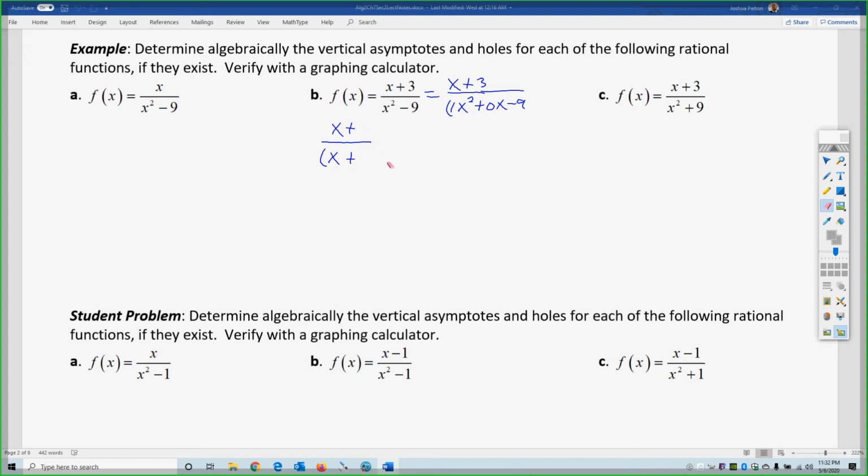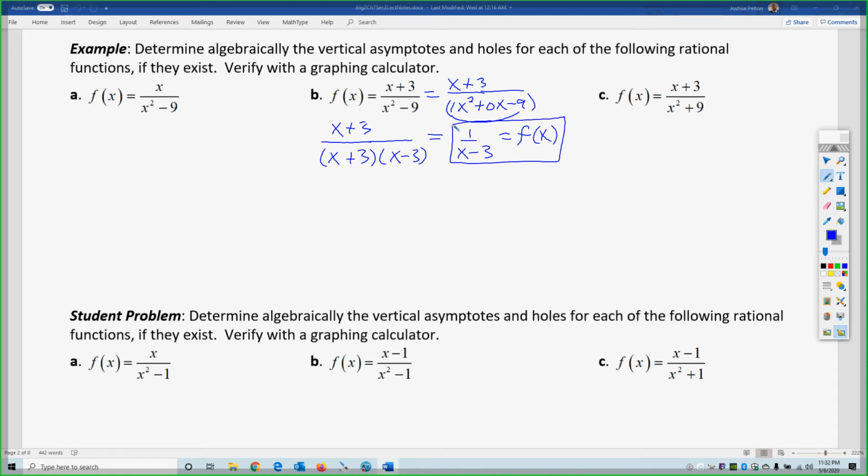Let me fix it up a little bit. Because remember, 1 times negative 9 is negative 9. Factors of negative 9 are 3 and negative 3, which added up gives us 0. So when that cancels, I get 1 over x minus 3 as my new f of x function that's been simplified.